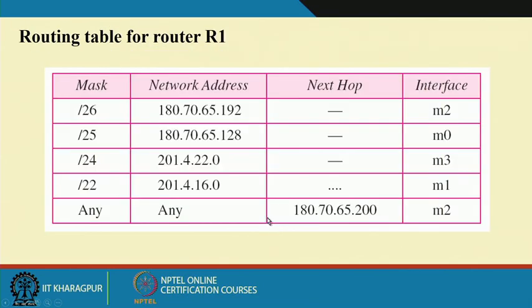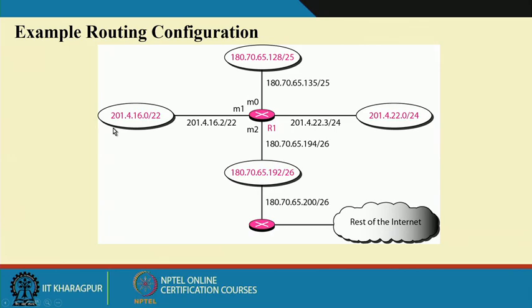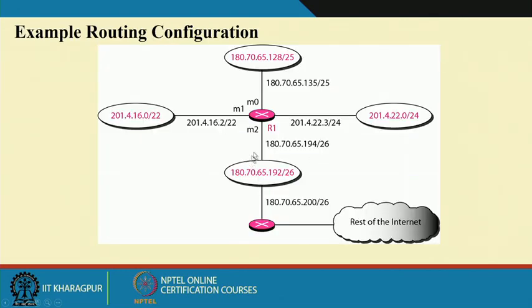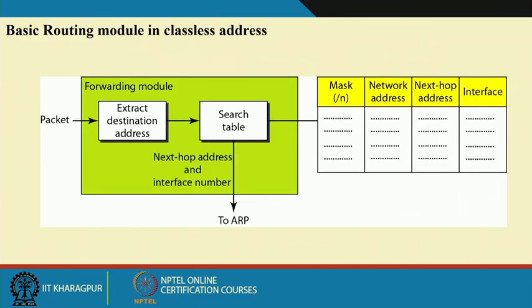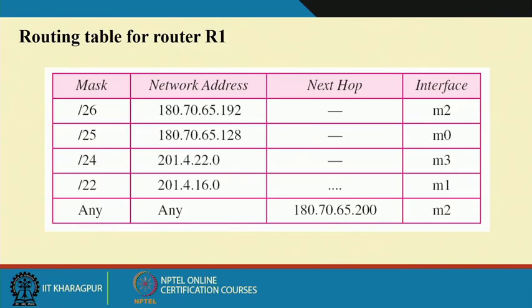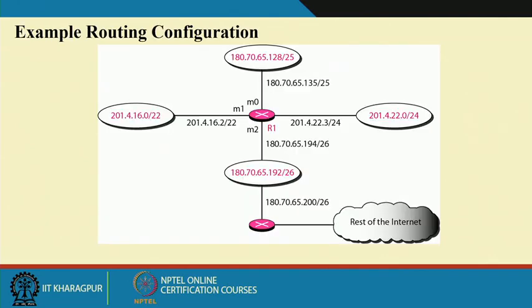Now, if I look at router R1, if it is a /26 net mask with this network address, then the next hop is M2, right. If the net mask is /25 and the network address is 180.70.65.128, then the next hop is M0, right.